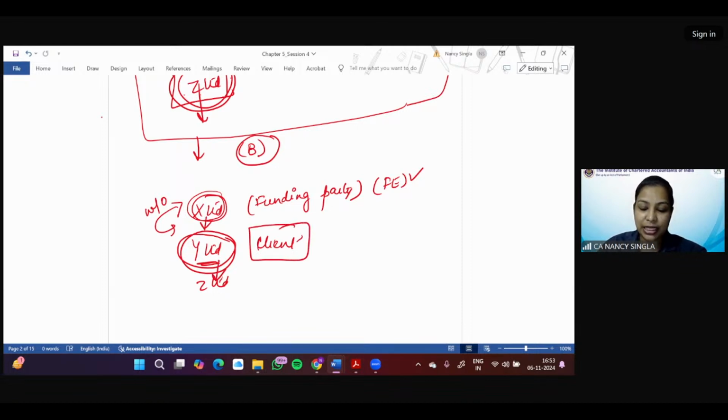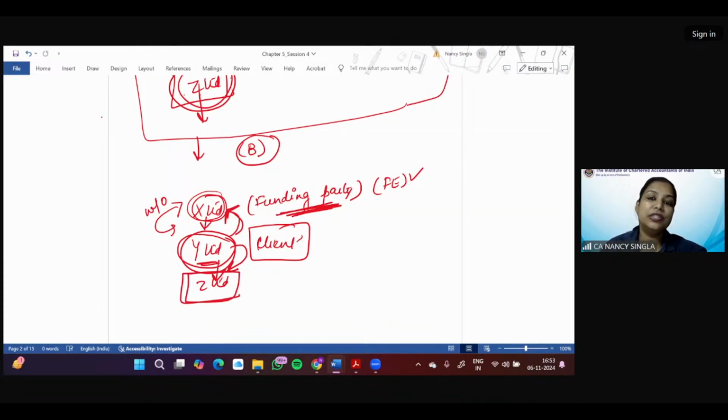disclose the following: the date and amount of the funds received, along with the details of the funding party; the date and the amount of funds further advanced, loaned, or invested by other intermediaries, along with complete details of other intermediaries or ultimate beneficiaries.